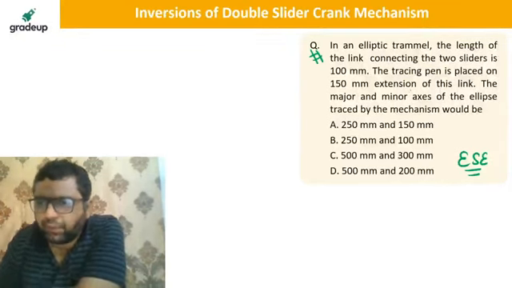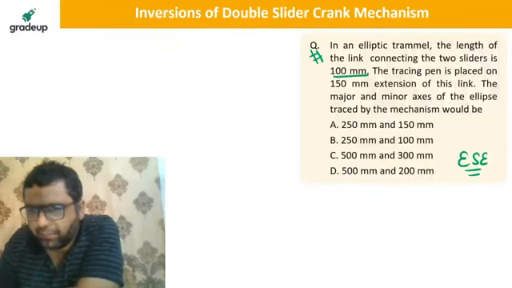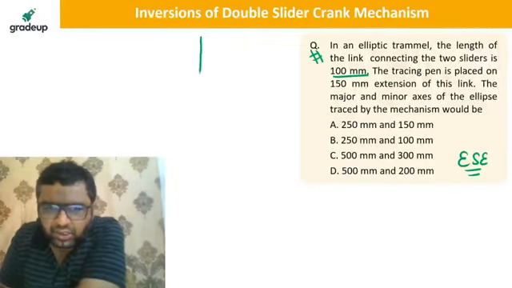In an elliptical trammel, the length of the link connected to the two sliders is 100 mm. The tracing pen is placed on 150 mm extension. So dear, I want to say this.